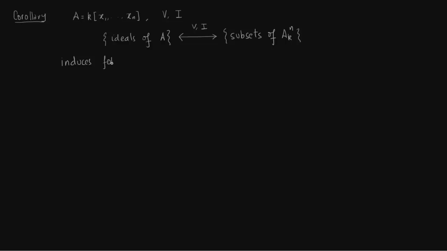So radical ideals of A, and all these are consequences of Nullstellensatz. So you have radical ideals of A. These are in one-to-one correspondence with the subvarieties.